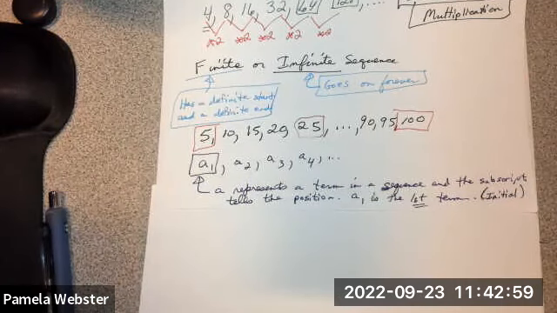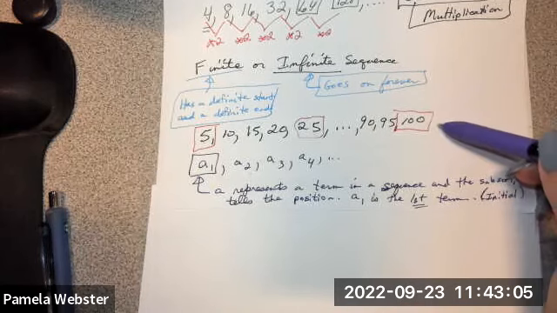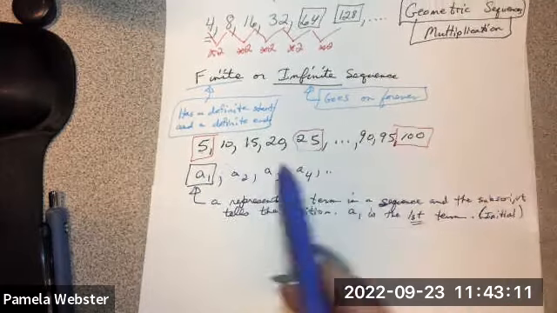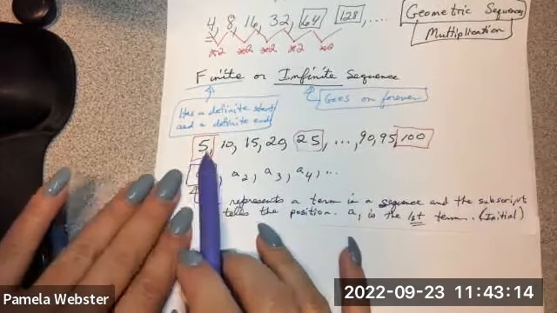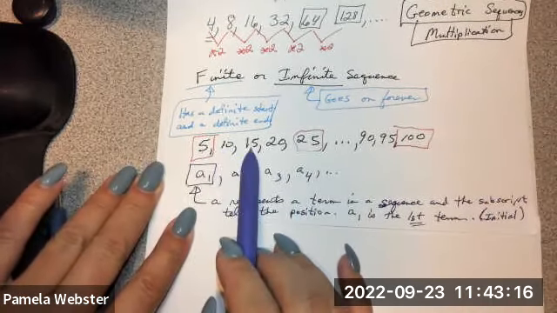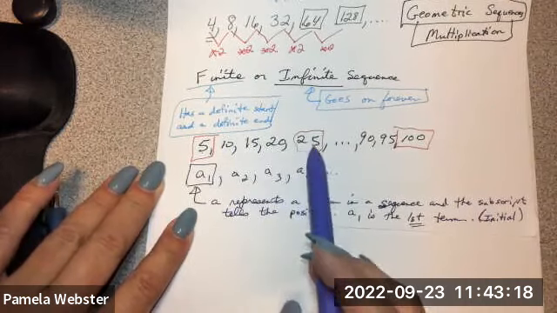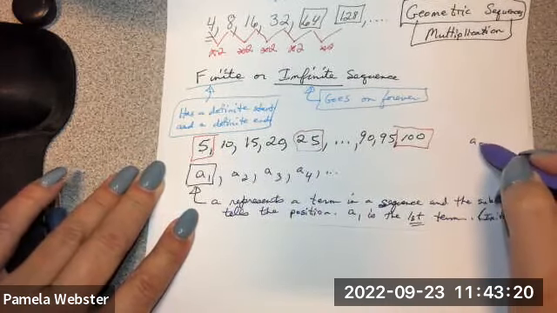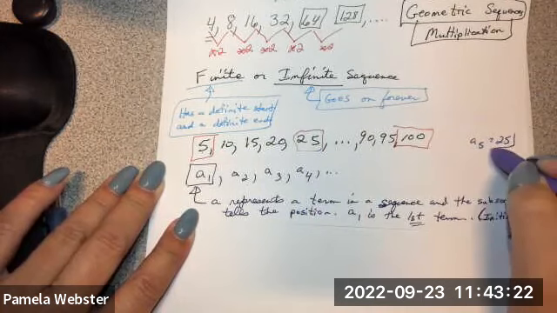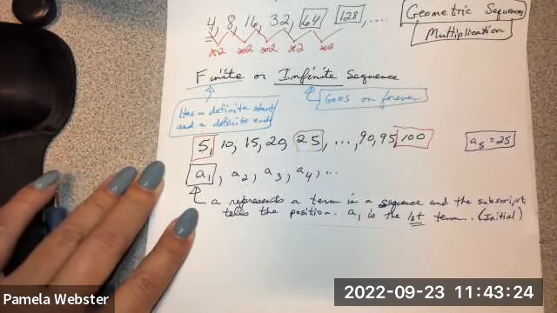So if I asked you what A sub 5 is in this sequence right here, then hopefully you would go, well, 5 is the first one, 10 is the second one, 15 is the third one, fourth one, fifth one. A sub 5 here is 25. Okay, so it just tells you what place it's in.